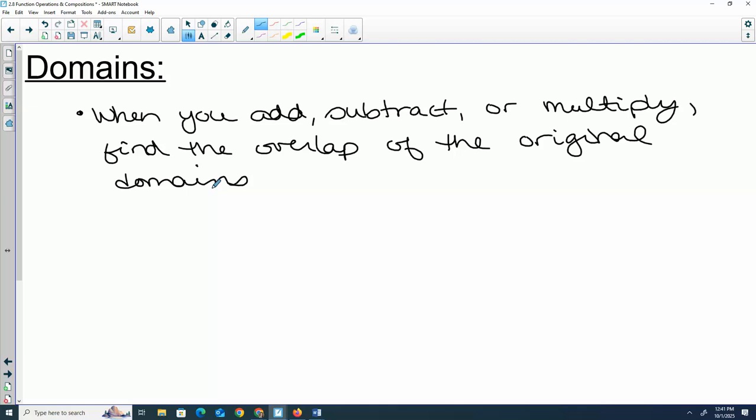So if I'm going to add two functions and get my domain, I have to take whatever numbers work for the two original ones and put them together.